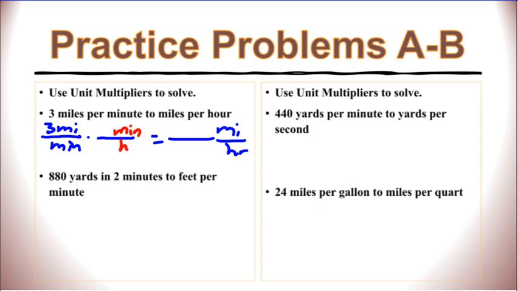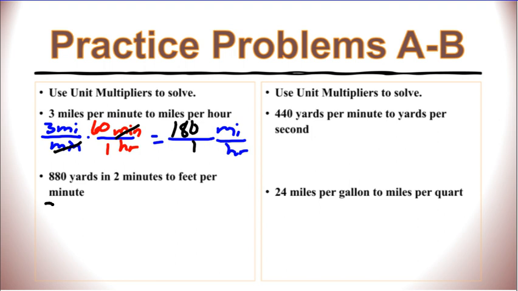I need hours on the bottom. I know that there are 60 minutes in 1 hour. Now I can do the math. The minutes divide each other off. I'm left with 3 times 60, which is 180 miles. 1 times 1 is 1 hour. So it'd be 180 miles per hour.